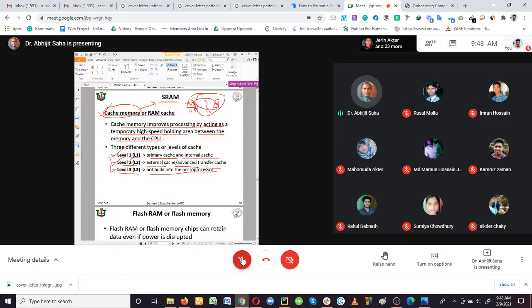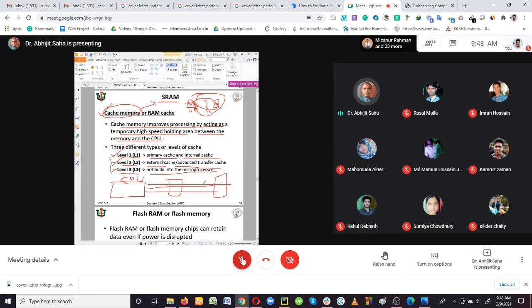The reason behind the levels of caches is this problem that occurred: we have the CPU and the RAM, and the RAM is a bit far from the CPU. To reach the RAM it may need to cross a bridge, for example.